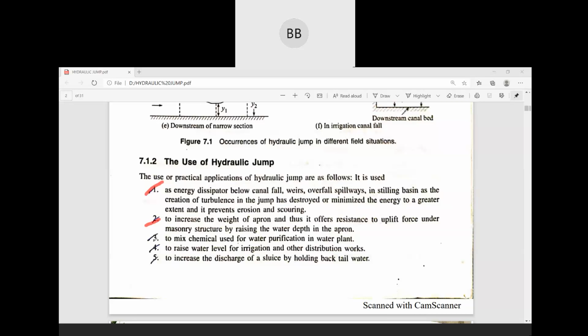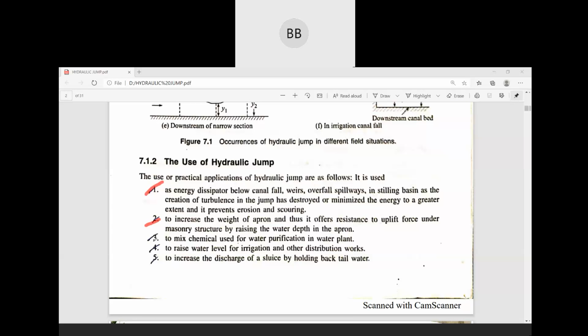If you go for a design of hydraulic structures, you can study those things in detail. In designing the apron, you have to consider the weight of the apron against the uplift pressure. If the uplift pressure is greater than the apron weight, then your structure will fail or overturn.